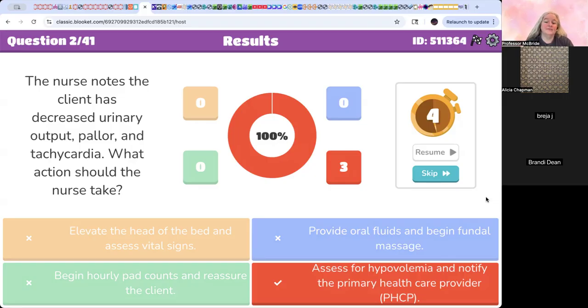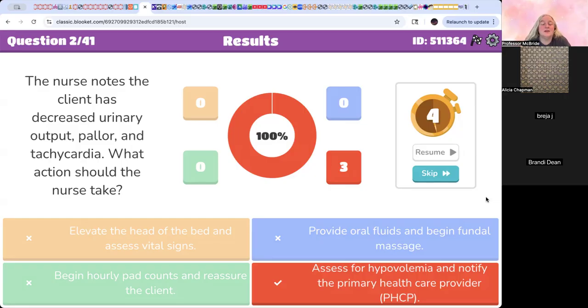It says for hypovolemia because she's having a decrease of it. That means she's not getting in enough fluids, or maybe she has gotten enough fluids, but something's happening to it.